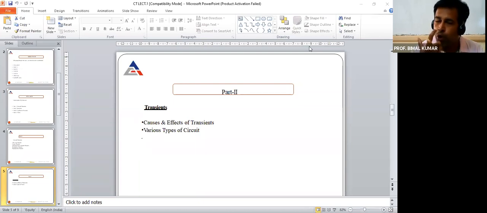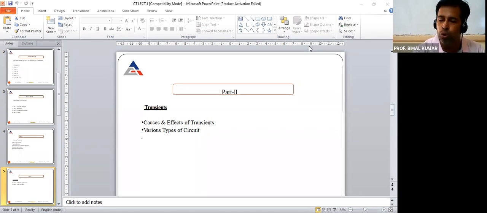Transient means abnormal behavior. Whenever some abnormal behavior is there in any network, that will be considered as a transient. Basically, transient is due to two different causes.